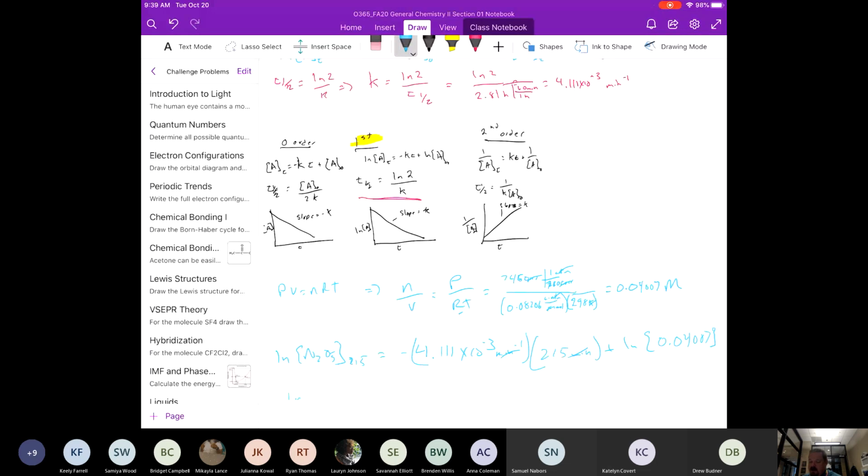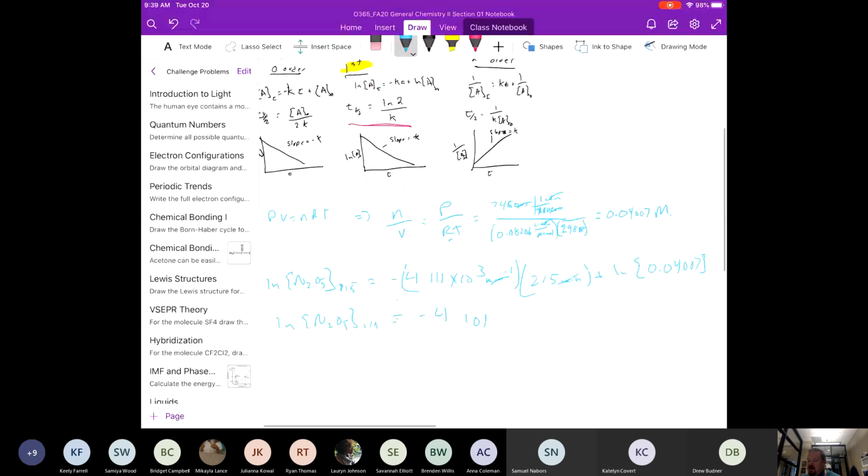So when we do that, the natural log of N2O5 at 215 minutes is equal to a negative 4.101. To get rid of this natural log, we have to raise this to the e.